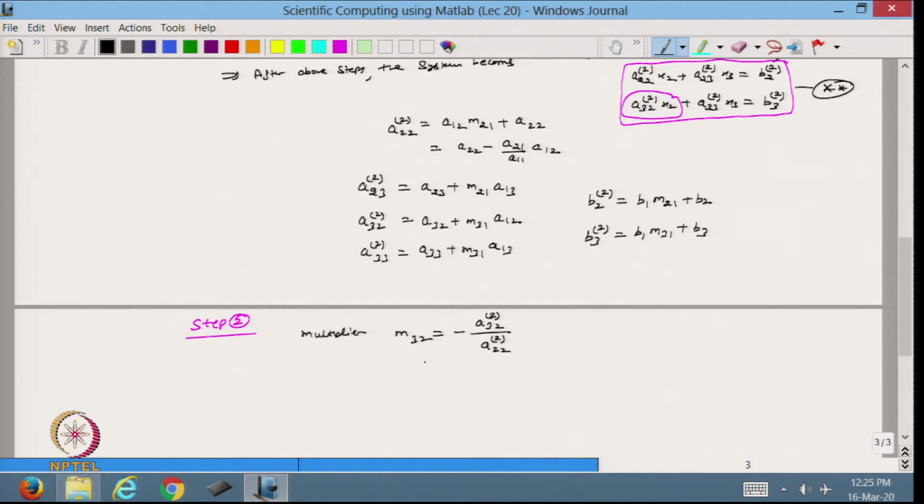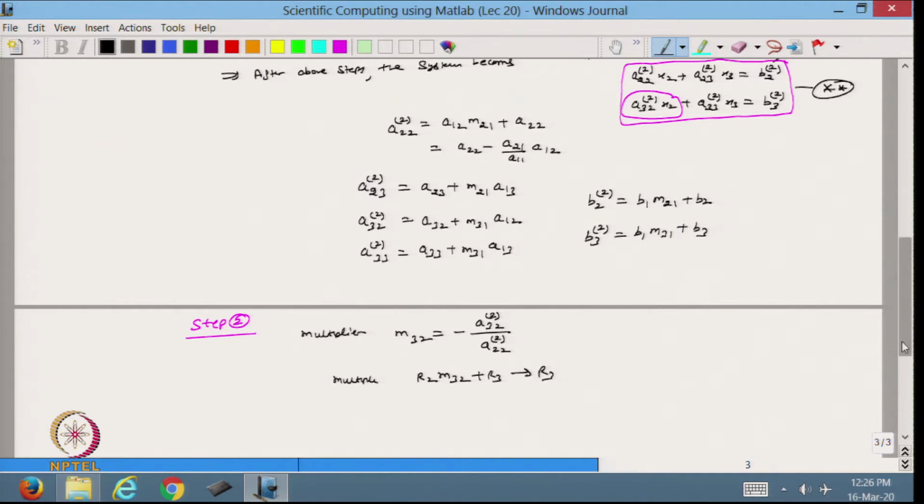So, I will do the process here. Now I will write down: multiply R2 with M32, add to R3, and the effect is going to R3.